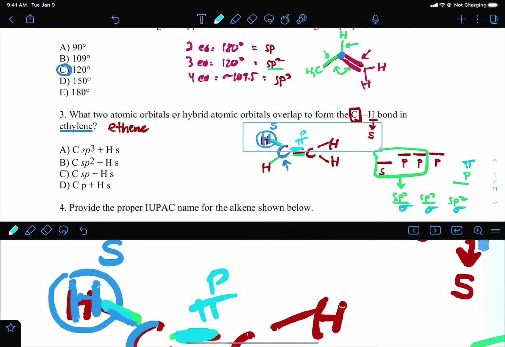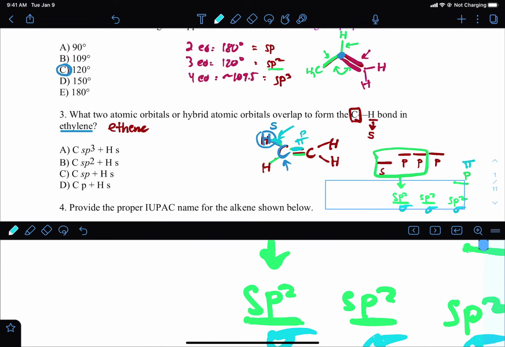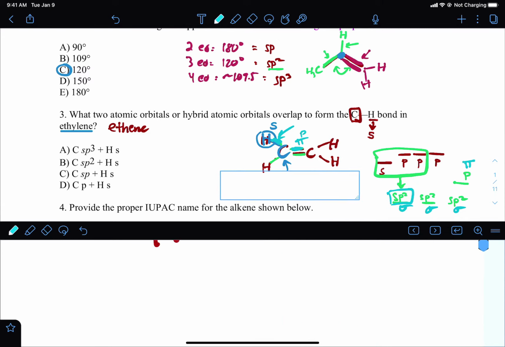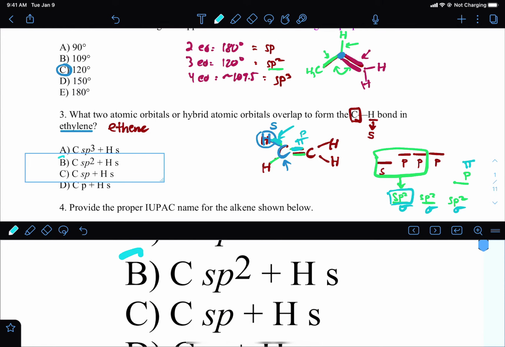But specifically, we're looking at the sigma bond. We want the sigma bond between the hydrogen and the carbon, and that is going to be using an sp2 orbital. All right, so that is a carbon sp2 and a hydrogen s is what we're looking at here.